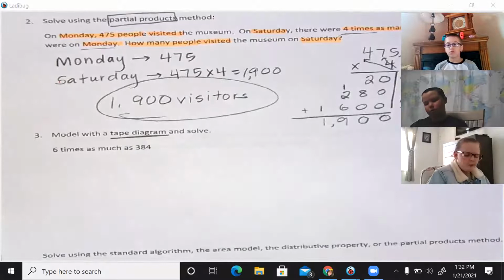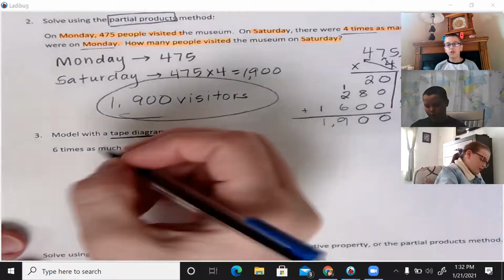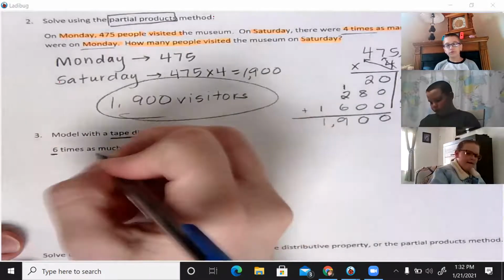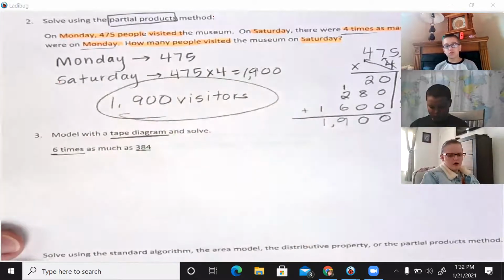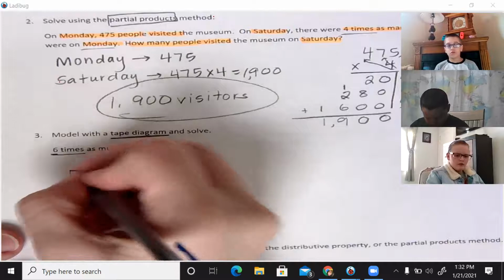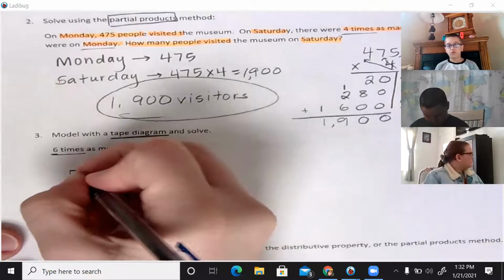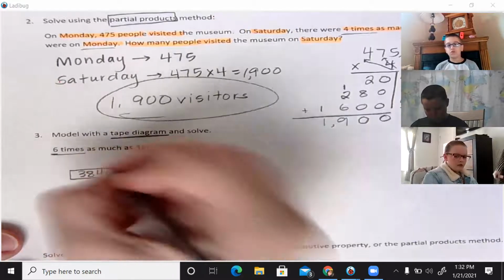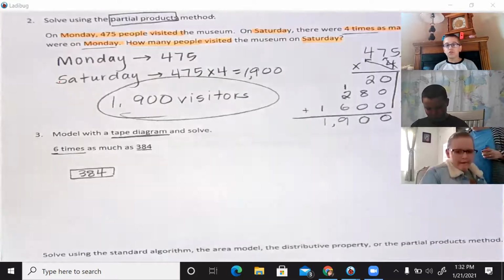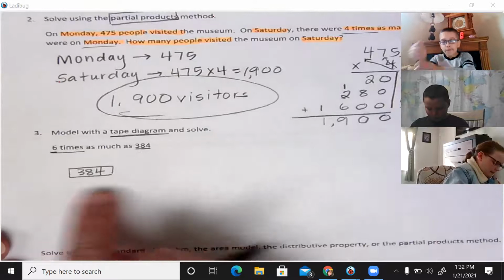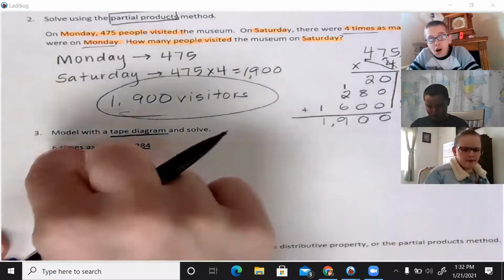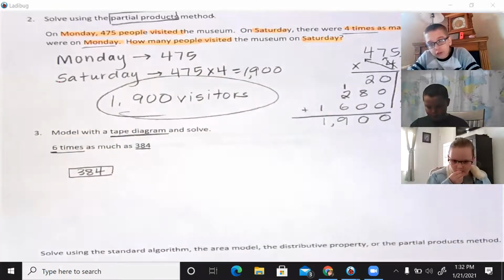Okay, so it's probably been a while since you've seen a tape diagram. So we need to figure out what 6 times as much as 384 is. So I'm going to write one box. Here's my one piece of tape, and I'm going to put 384 in that box.